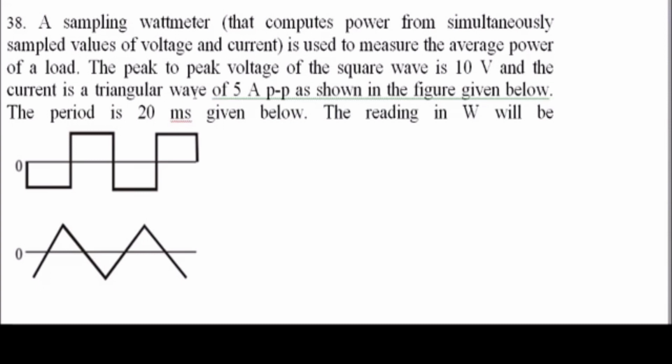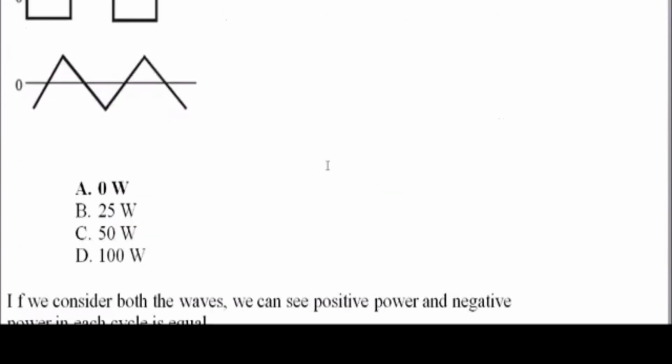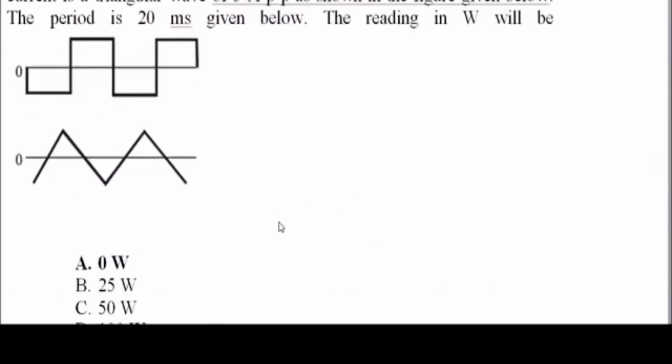The peak-to-peak value of the square wave is 10 volt and the current is a triangular wave of 5 amp peak to peak. As shown in the figure, the period is 20 milliseconds. The reading in W will be, that is what we mean. Reading is the power reading, that is the wattmeter reading.